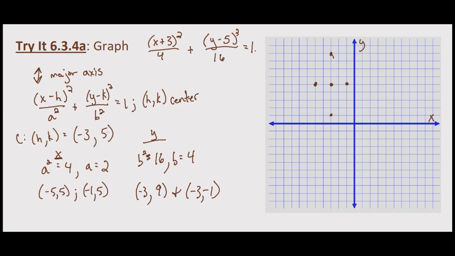So 5 plus 4 is 9. 5 minus 4. Sorry, I wrote negative 1. I meant 1. Negative 3, 1. 5 minus 4 is 1. So our major axis vertices are at negative 3, 9 and negative 3, 1. And finally, we just connect the dots in order to get our ellipse.